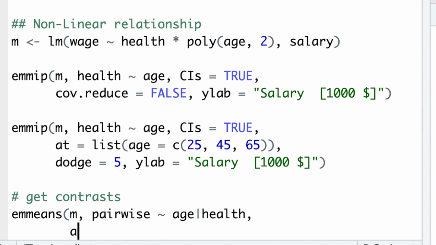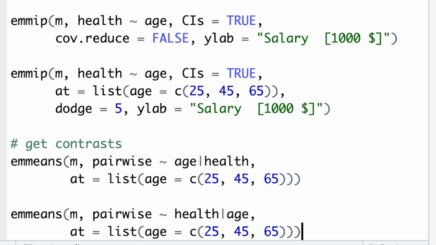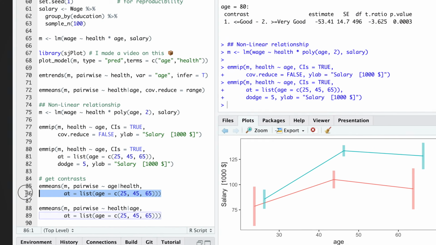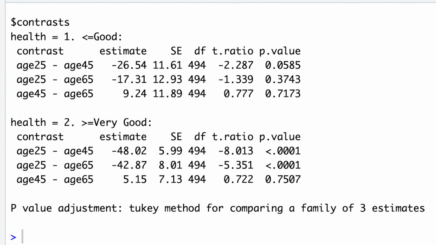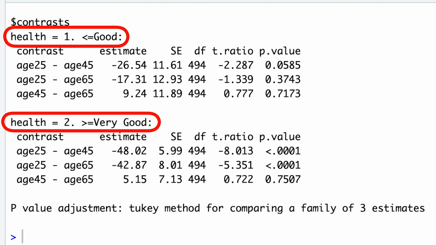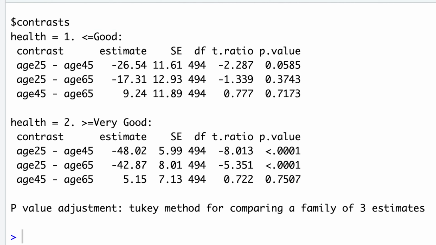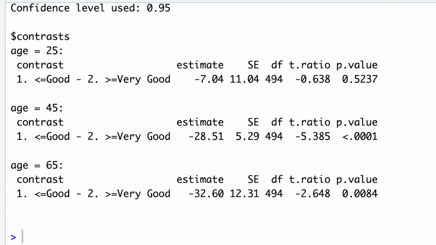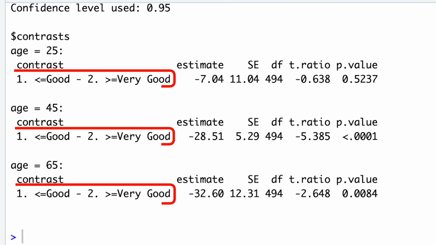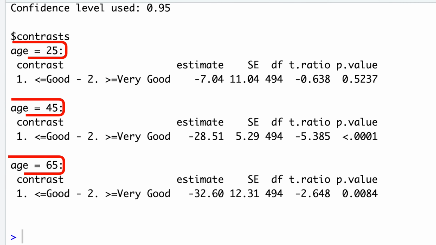As a result, we can again create 2 different types of contrasts. The first is between specific values of the age covariate within each level of health, and the second type of contrast can be examined between health levels at any particular value of age.